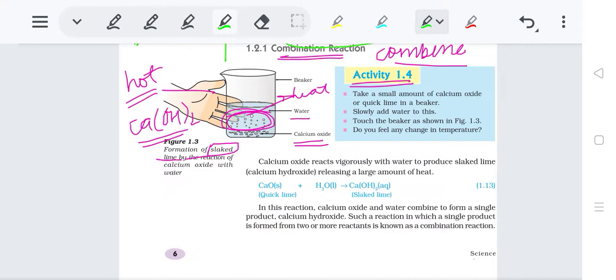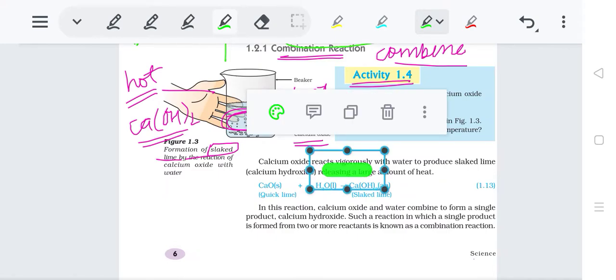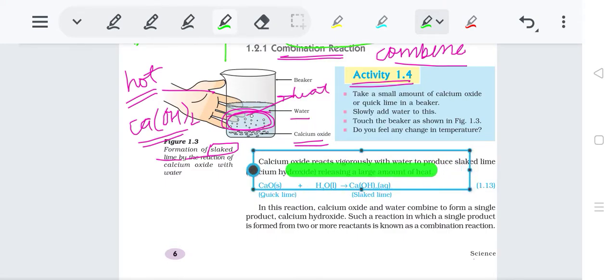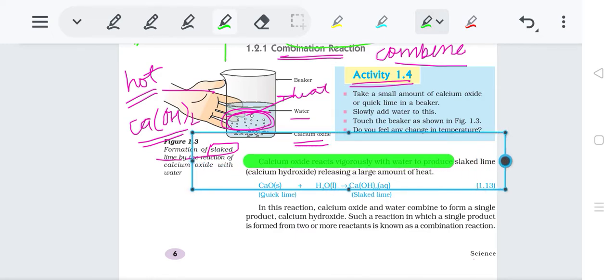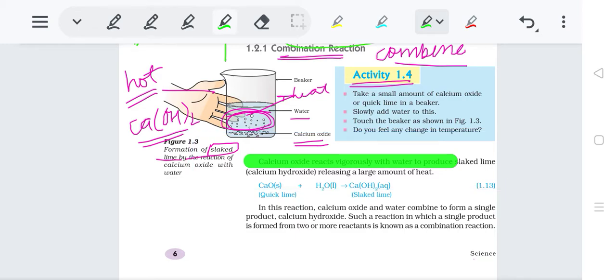If we see the reaction here, it reacts vigorously to form calcium hydroxide. Vigorously means actively.